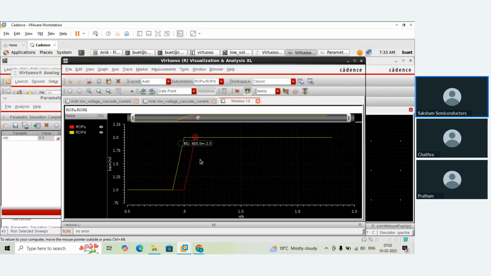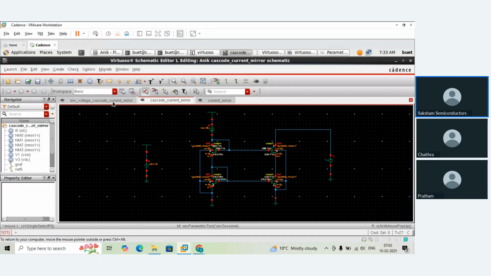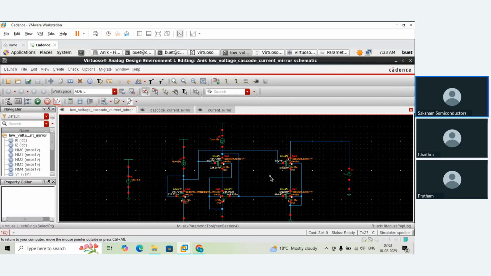So that means this low voltage cascode current mirror is going to work perfectly at a lower voltage as compared to a simple cascode current mirror with additional transistors, which is beneficial, so that my MOSFETs would be pushed into the saturation region as early as possible, giving me the benefit of expecting the current at lower voltages as compared to the cascode current mirror.